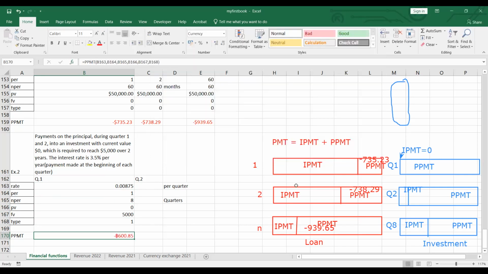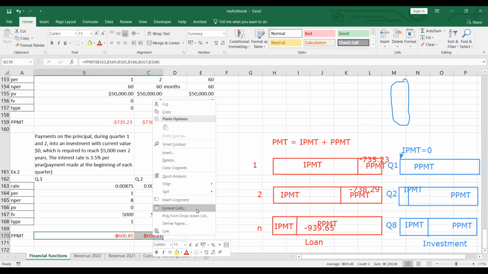You can see that on the first quarter you have to pay $600.85 as the principal payment. Next, for quarter two, I copy this and change the quarter to quarter two, so in quarter two it is $606.11. Those are the paying out, so they are negative values.